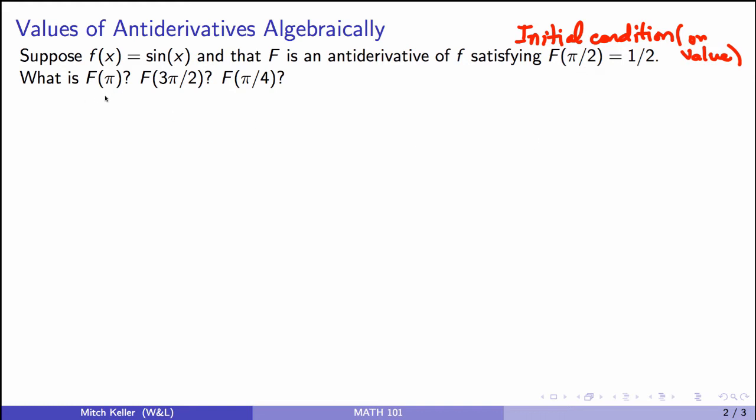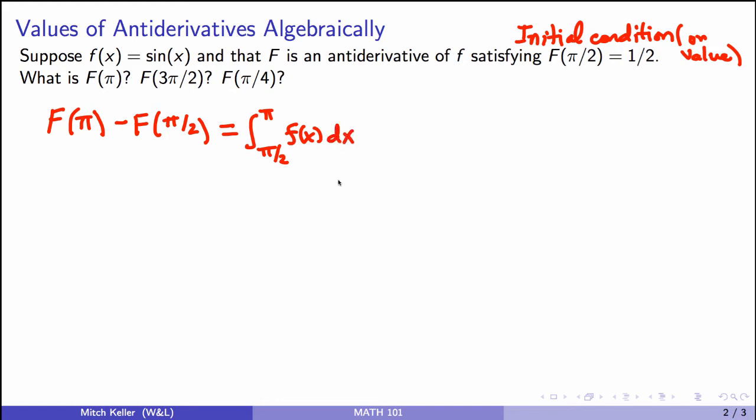So now we're looking at what is big F of pi. Well, the Fundamental Theorem of Calculus tells us that big F of pi minus big F of pi over 2 is the integral from pi over 2 to pi of f of x dx, since big F is an antiderivative for little f.